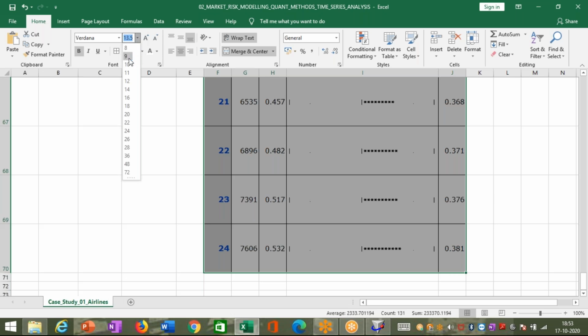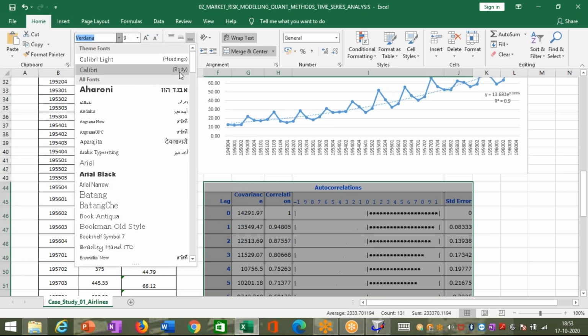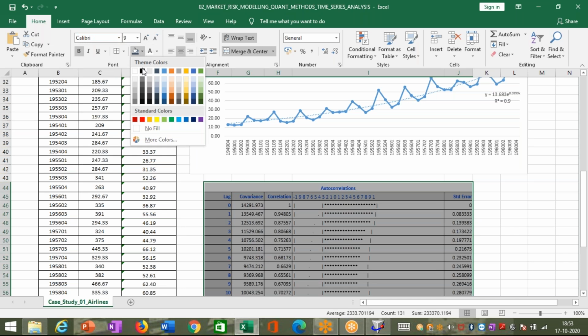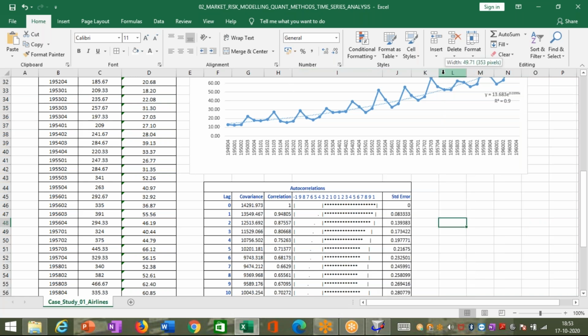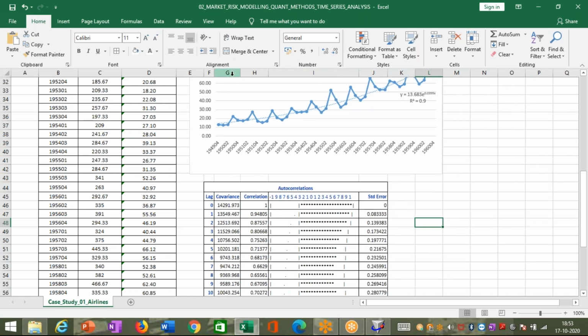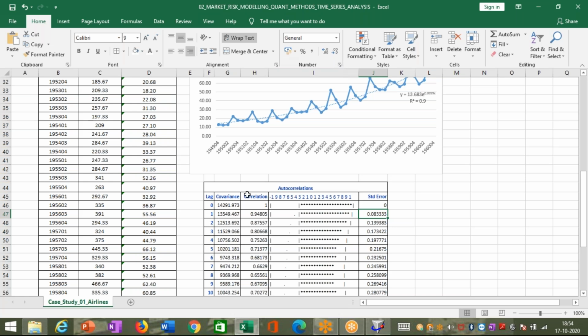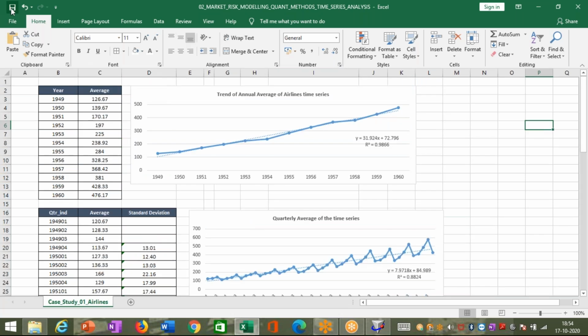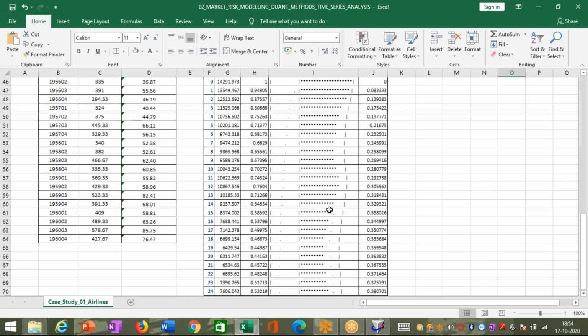So these are the autocovariances. Okay, so this is how it typically looks now.